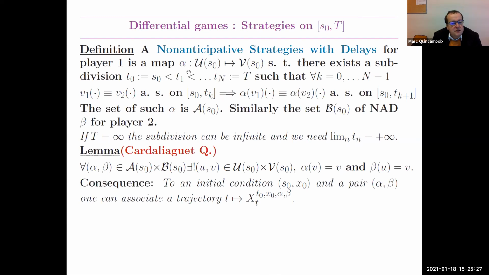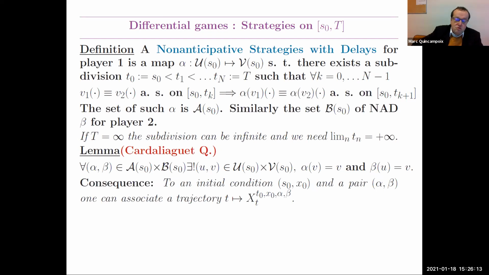So alpha, I made a mistake, it should be alpha from V to U. The strategy is a map alpha from V to U such that there exists a finite subdivision of the time interval such that if V1 and V2 are equal on [t0, tk], then alpha(V1) and alpha(V2) are not only equal on the same time interval, but they are equal on [t0, tk+1]. So there is a kind of delay.